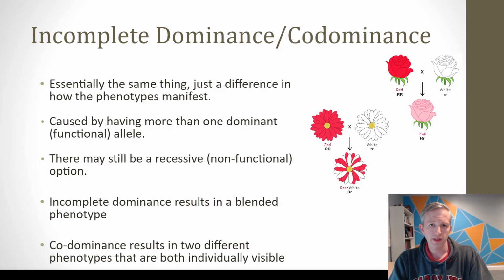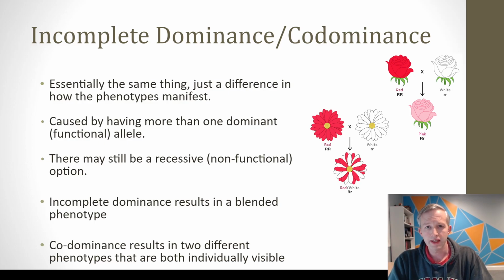Taking what we learned on the last slide and applying it here, if you have two different versions of a protein that both do a thing, maybe a different thing, but they both do it, then if you had both copies, you would show both of the effects because you'd have two functional alleles coding for two functional proteins, and those functional proteins would express themselves.